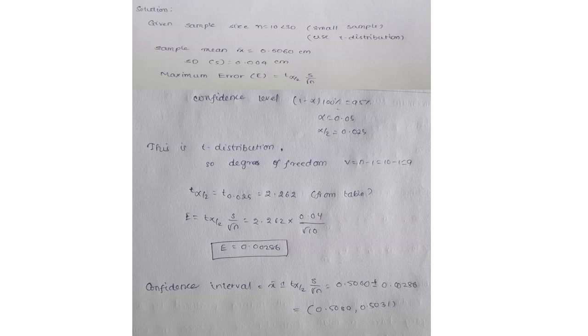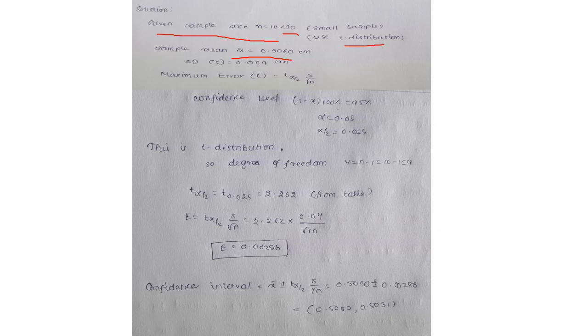The sample size n is 10, that is less than 30, which is a small sample, and we have to use the t distribution. Sample mean given is 0.5060 centimeters and standard deviation is 0.004 centimeters, and maximum error is equal to t alpha by 2 into s by root n.